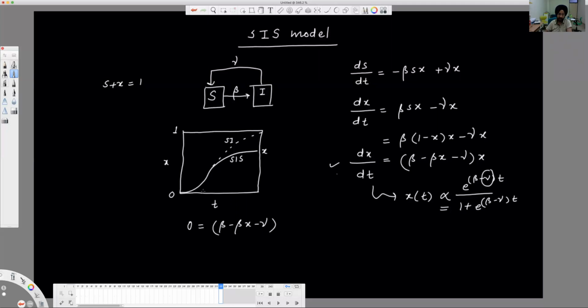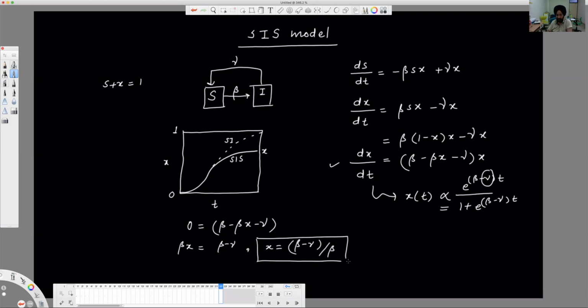So this X also becomes 0. So now you can write X from this equation. Beta X goes on this side, right? So this is beta X, this is beta minus gamma. So you can write that X is equal to (beta minus gamma) by beta.